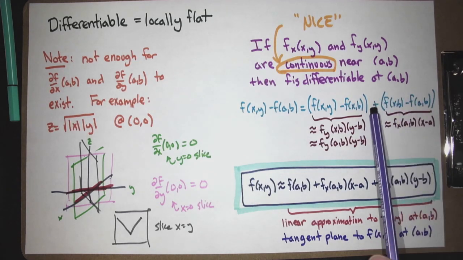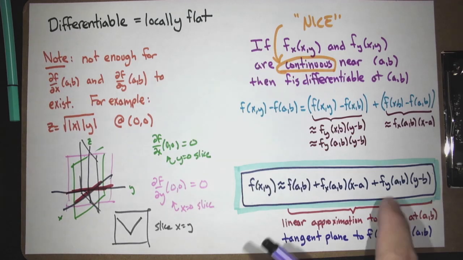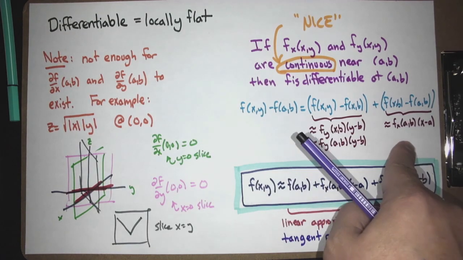The second term perhaps is a little bit easier. I have f of x comma b minus f of ab, and the claim is that's about f sub x of ab times x minus a. Why is that? Do you remember why this is true?